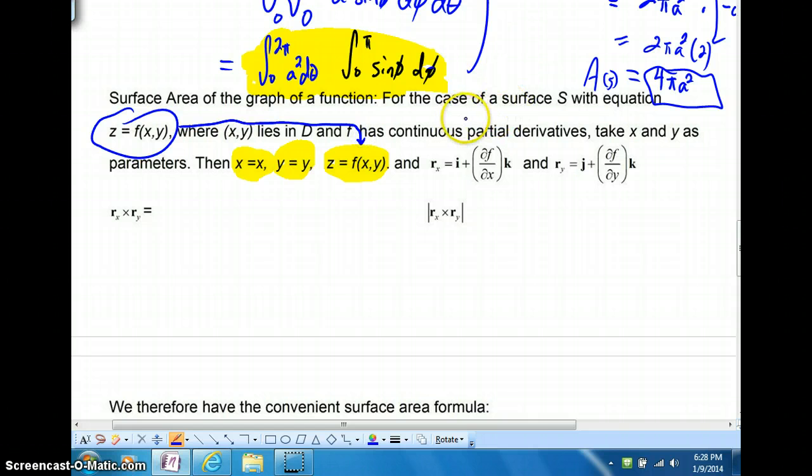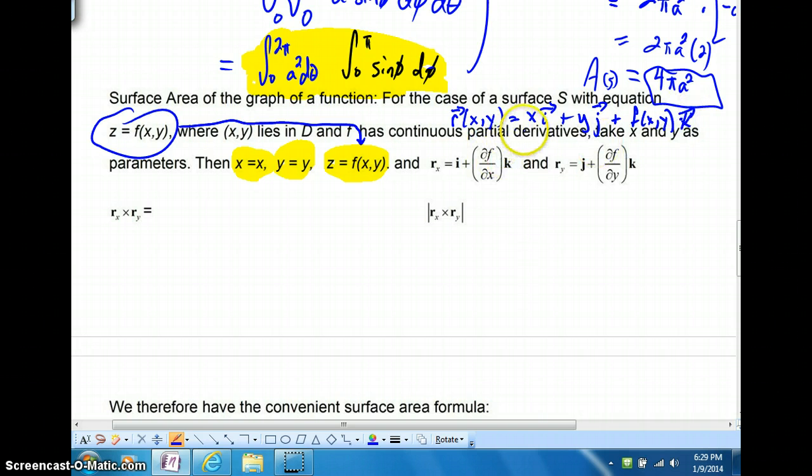So what we would see very quickly is that r would be x times vector i plus y times vector j, and then whatever z is equal to, f of x comma y, would be your k component.